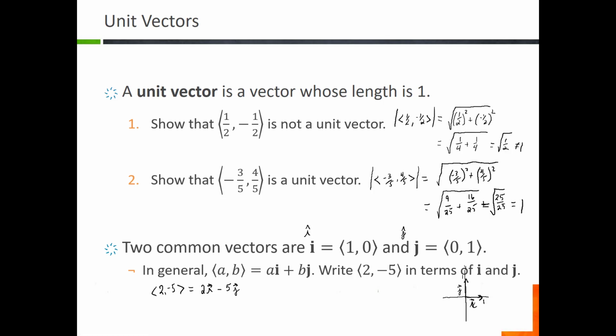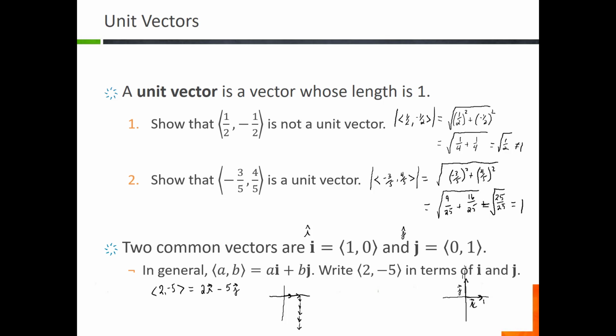If we wanted to graph that 2i minus 5j, that means we're going 2 i vectors to the right, and then we're going 5 j vectors, and since it's a negative, it's 5 units down, so 1, 2, 3, 4, 5.